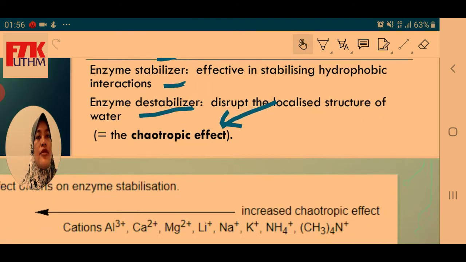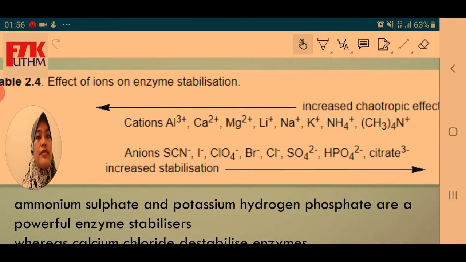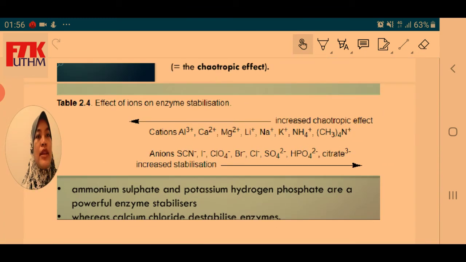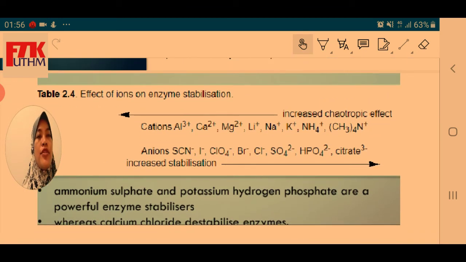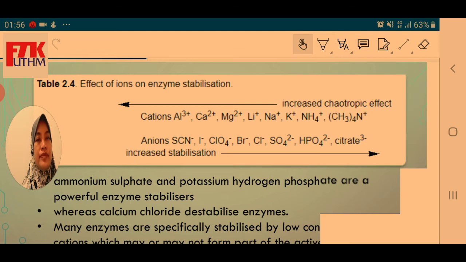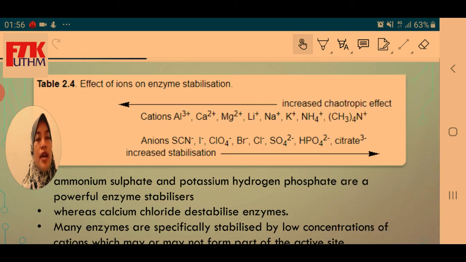Alright, so the next slide explains this a little bit more. Here is what they call the Hofmeister effect. You can see there are two arrows there.